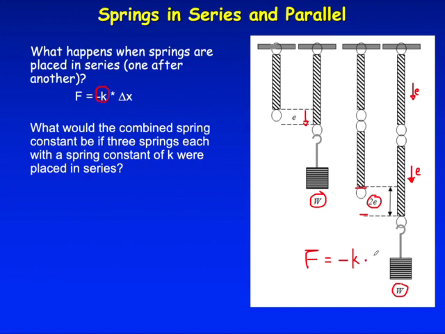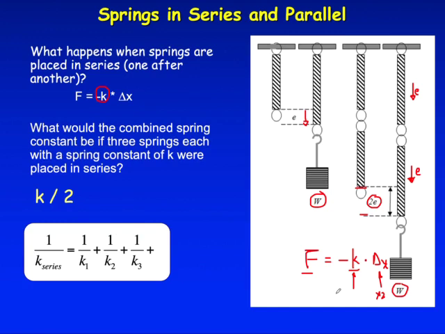Think about it for a brief moment: same force, this doubles, times 2. So what must happen to k? If this is constant, k, as you might be able to figure out here, is divided by 2. So if you put springs in series, that is one after another, you reduce the spring constant.